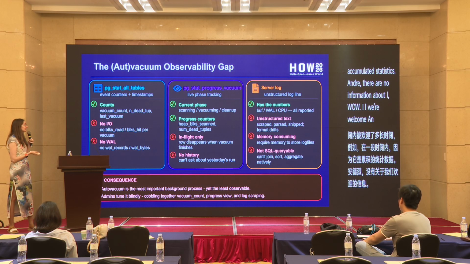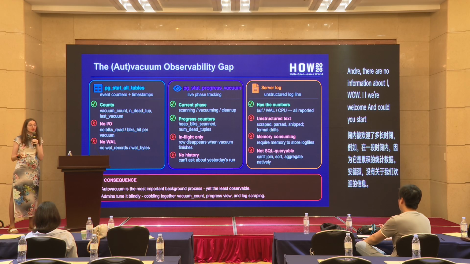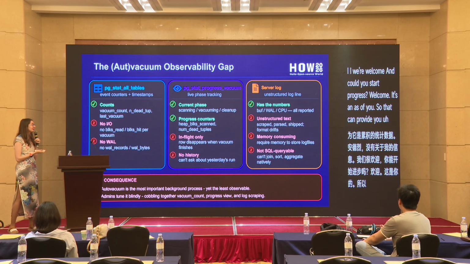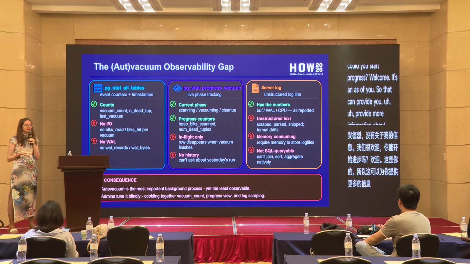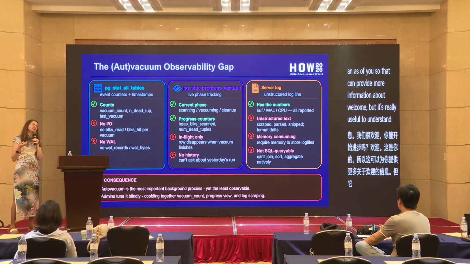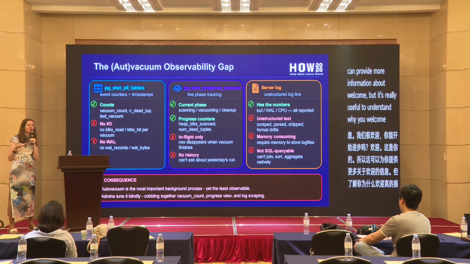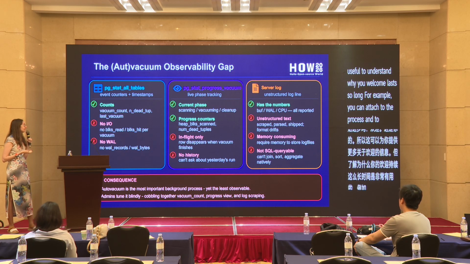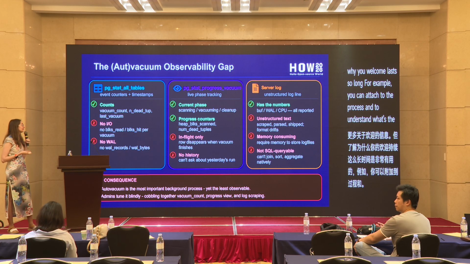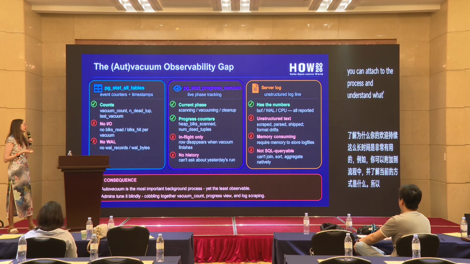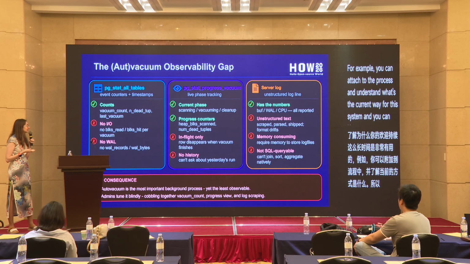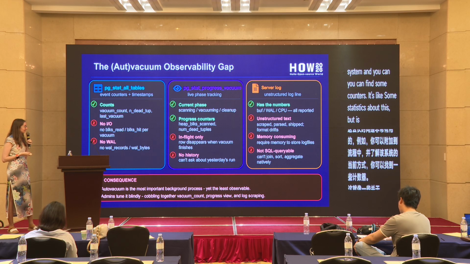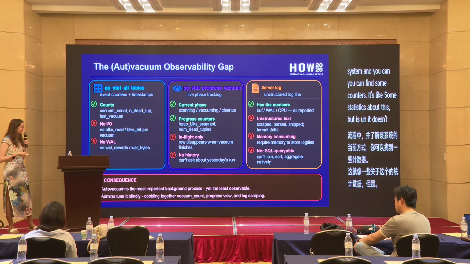And pg_stat_progress_vacuum is another view that can provide more information about vacuum, and it's really useful to understand why your vacuum lasts so long. For example, you can attach to the process and understand what the current phase of this system is, and you can find some counters, like some statistics about this, but it doesn't store any history.